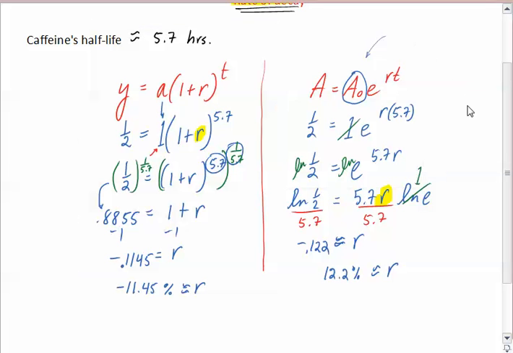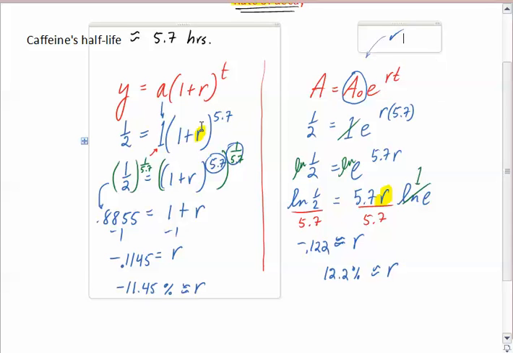Your body doesn't stop and then take away 12.2% or 11.45% and then stop again. It continuously does it. So a lot of people will use this one and say it's more accurate, and it is.